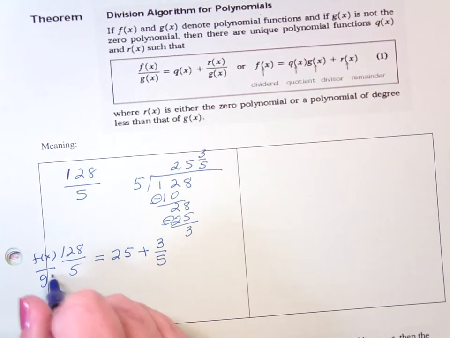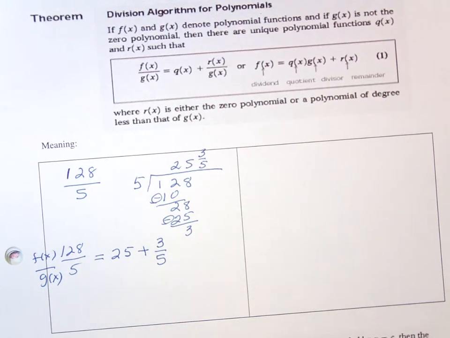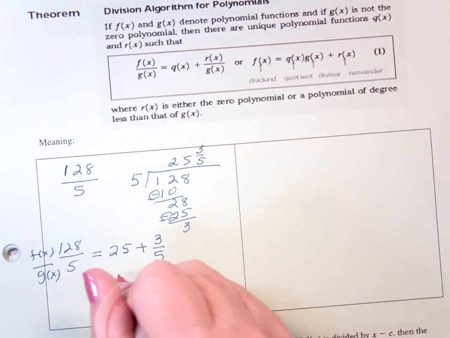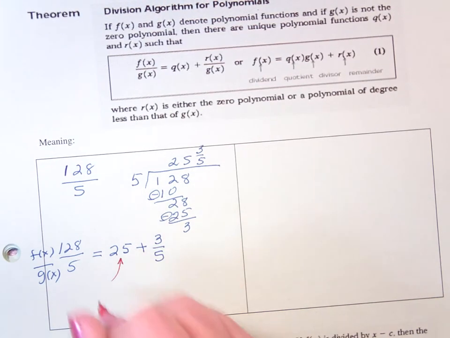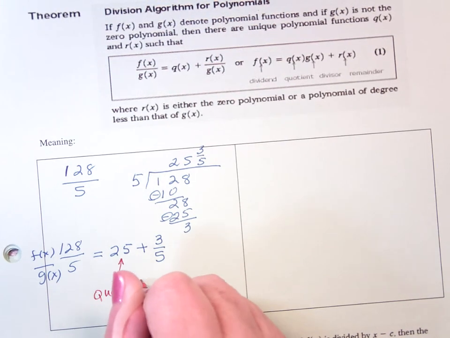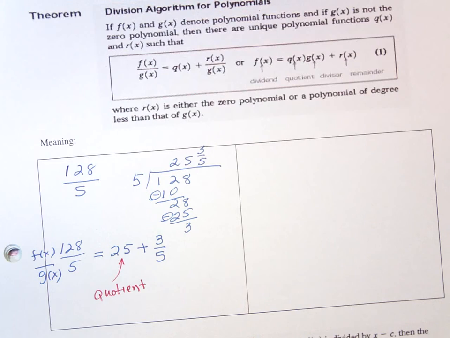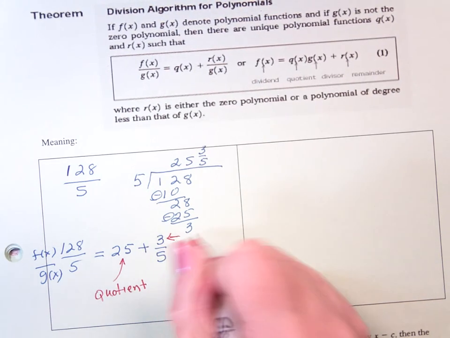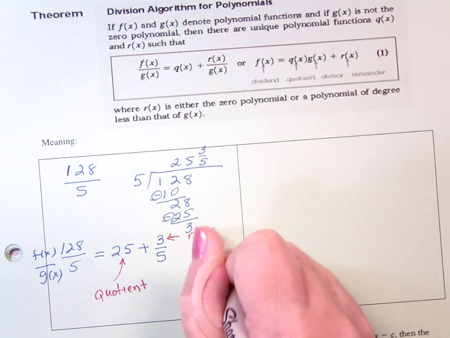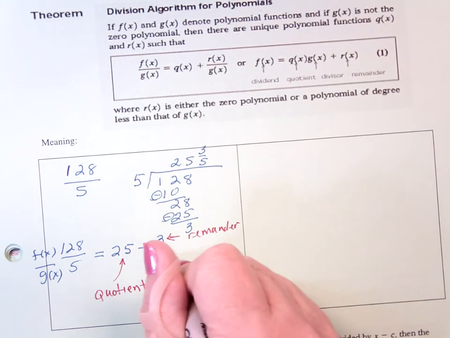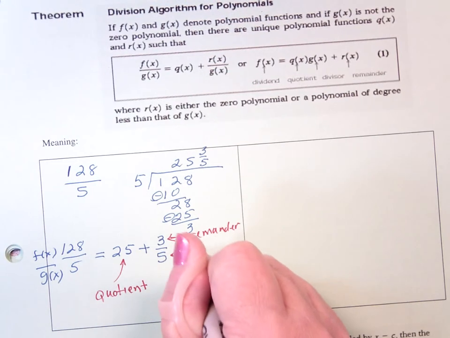This is my g of x. This is what we call the quotient. This is the remainder. And this is the divisor.